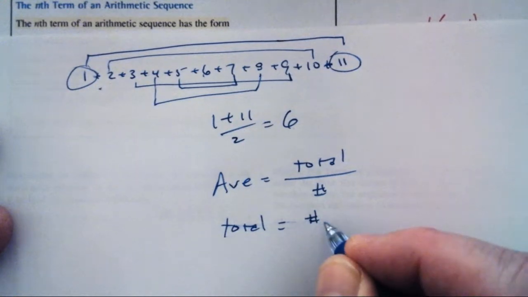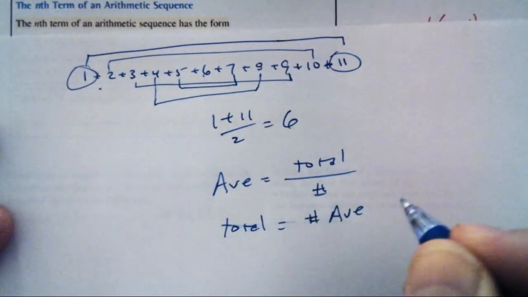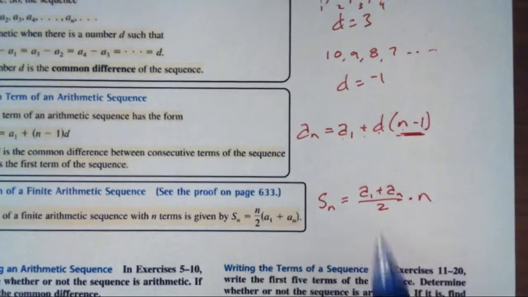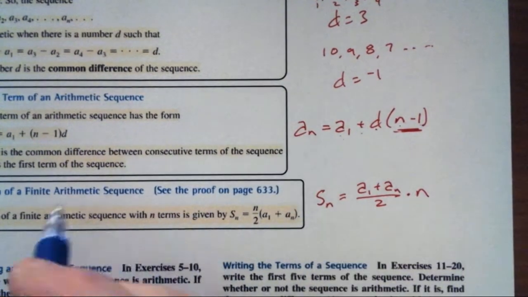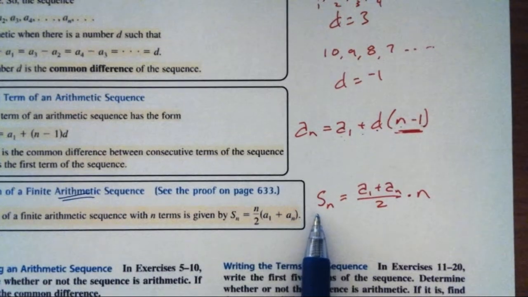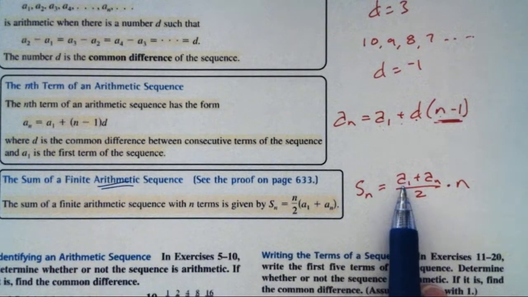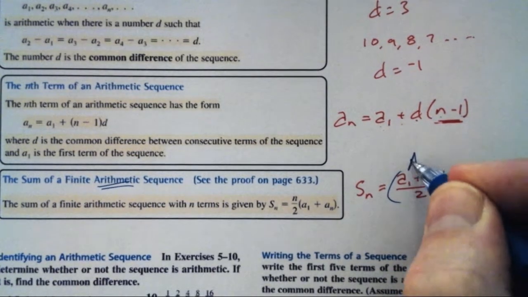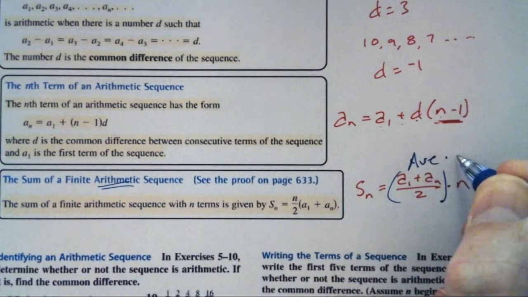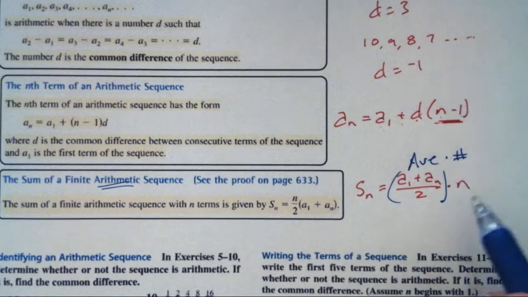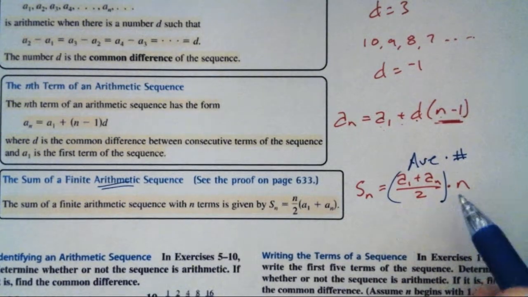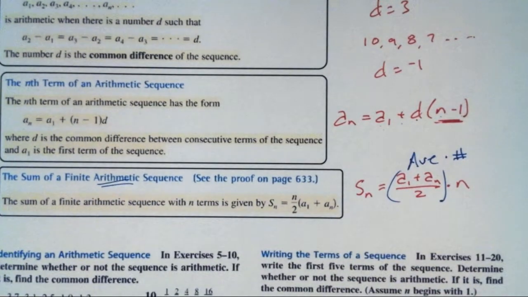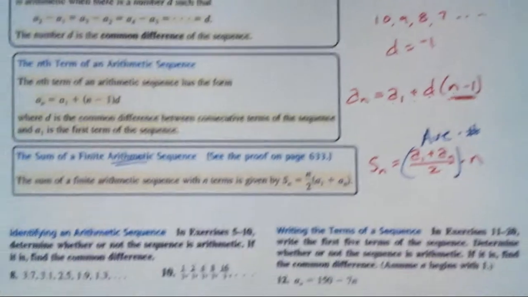We get the number of items times the average term. Okay, if that makes sense to you, this formula should make sense. To find a sum, if it's arithmetic, this doesn't work for all sequences, we can take the first term plus the last term divided by 2. What is that? That's the average. And n is the number of terms. Okay, so those two formulas we need to focus on till they make sense for us. Let me know if I can help with that.